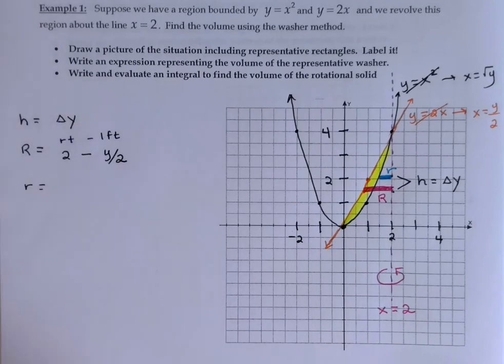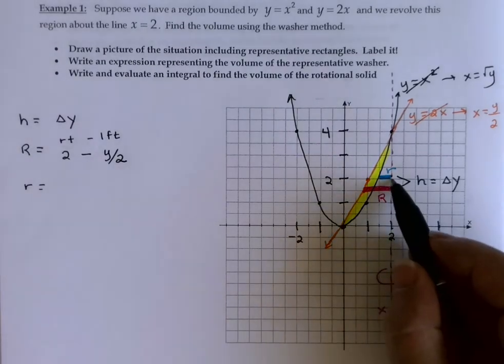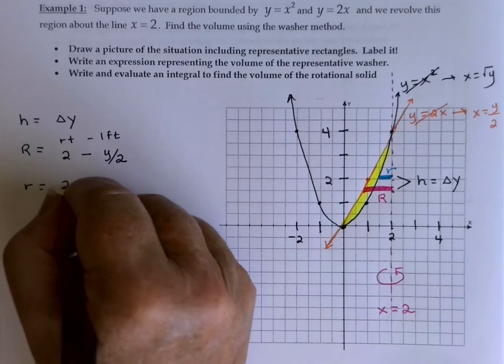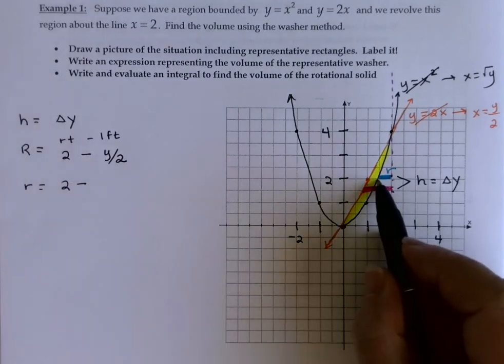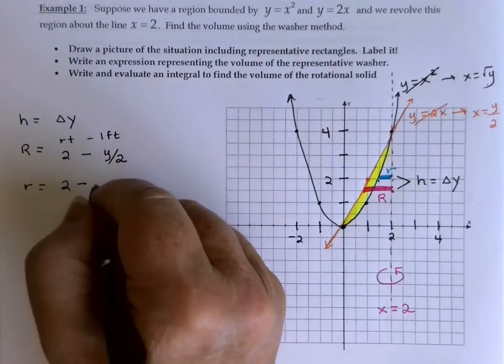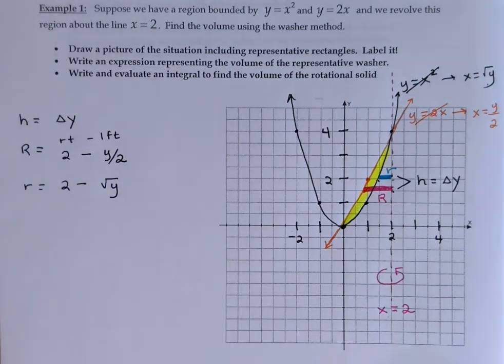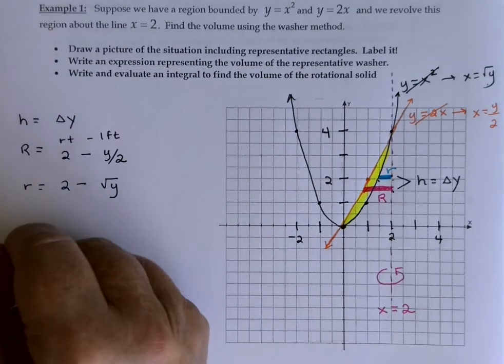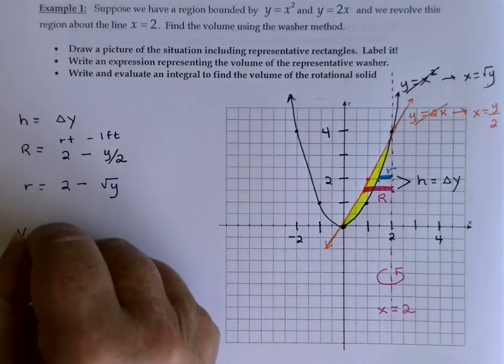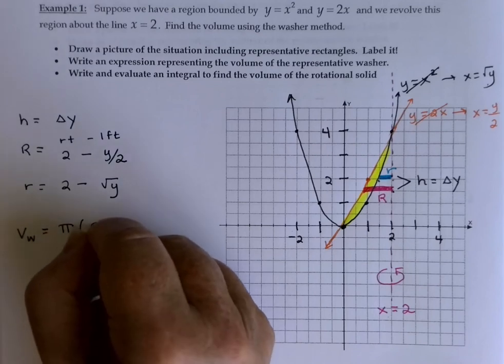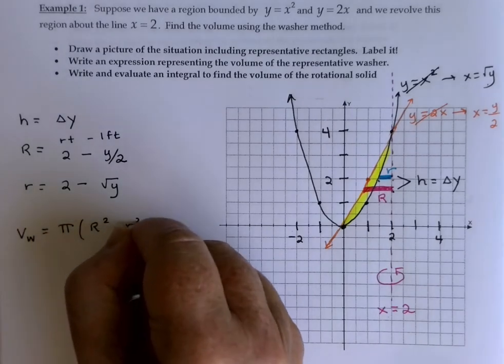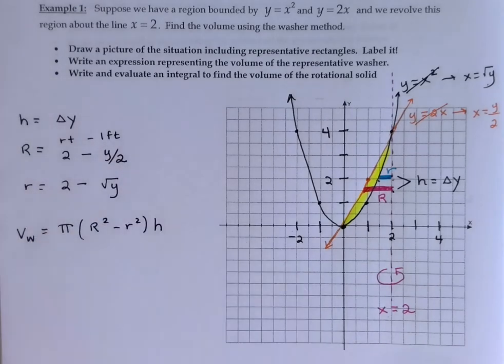Same thing for little r, right minus left. The right is at x equal 2, and the left is on the parabola, which is the square root of y. So the volume of the washer is pi times capital R squared minus little r squared times h.